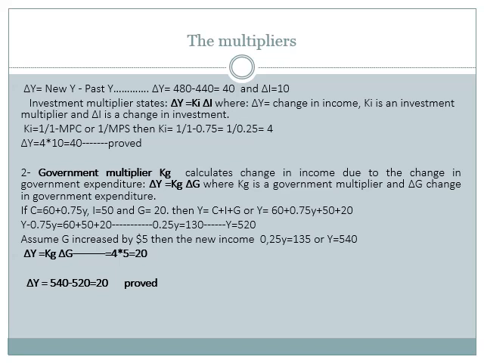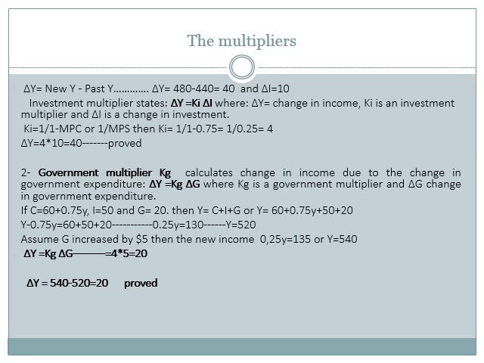So the change in income equals 540 minus 520, which is 20. It's caused by the increase of government expenditure by $5. Let's prove that.